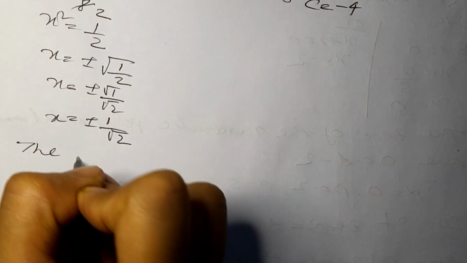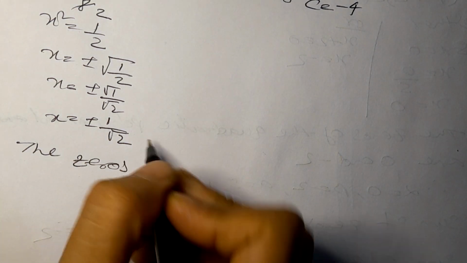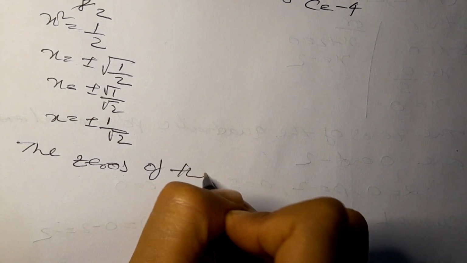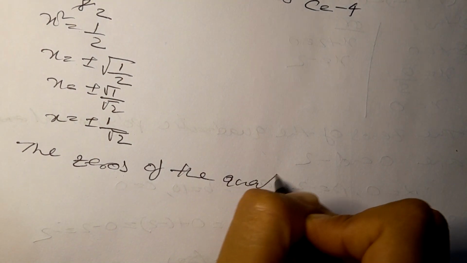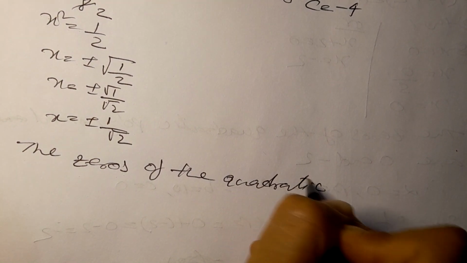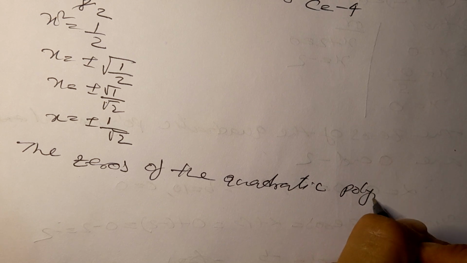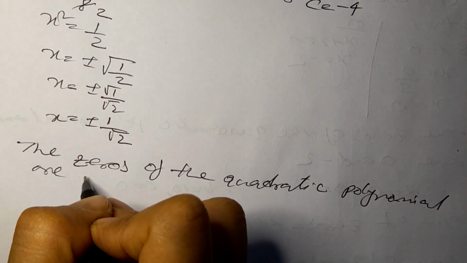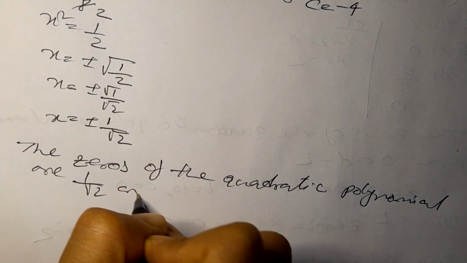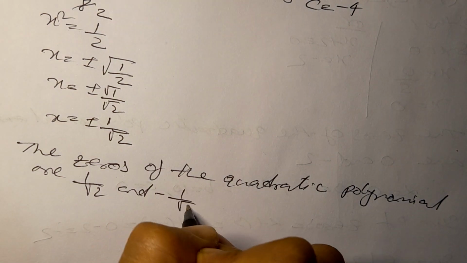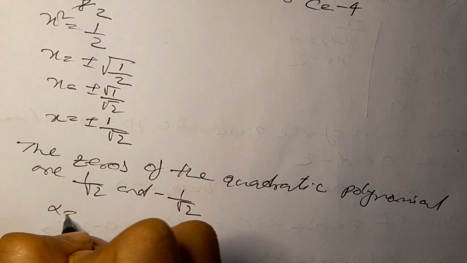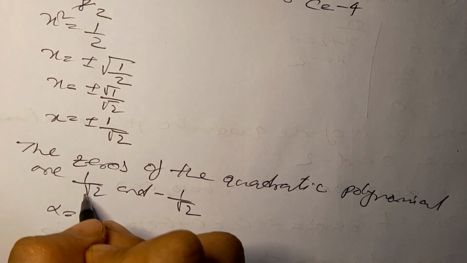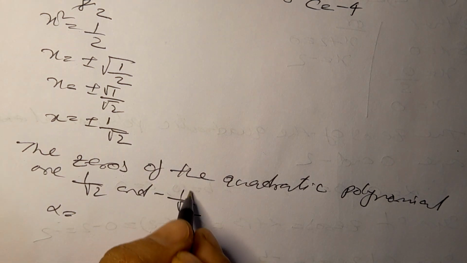The zeros of the quadratic polynomial are, the first is plus 1 by root 2 and the second is minus 1 by root 2.